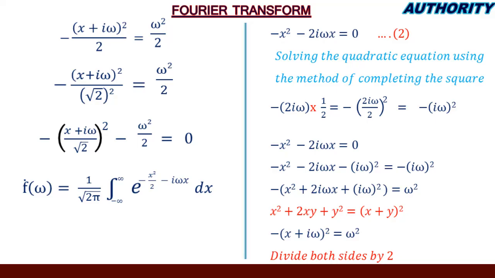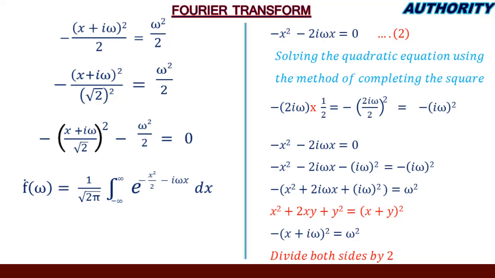So that means the e raised to the power of minus x squared all over 2 minus iωx dx that we have. So we picked the exponent and we simplified. Here is what we have. And then initially I told you what we wanted to do. We want to put x on one side and then see whatsoever we can factor out. If we can factor out the constant, here we factor out omega squared all over 2.